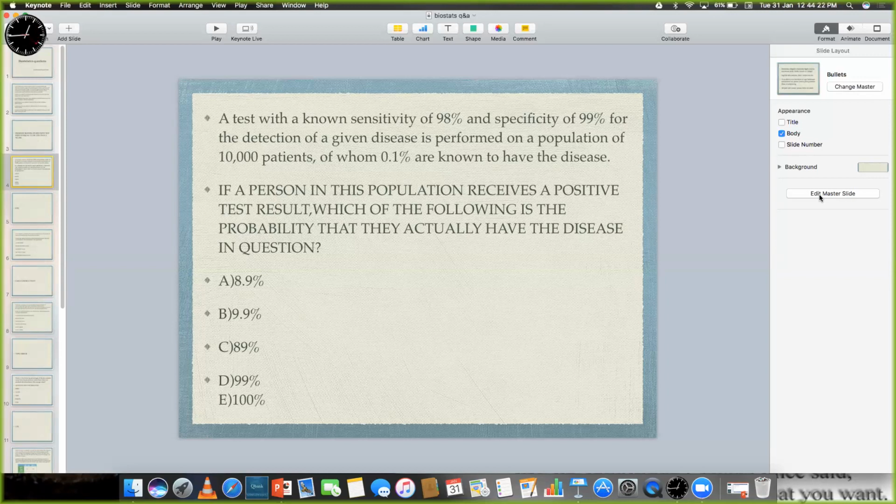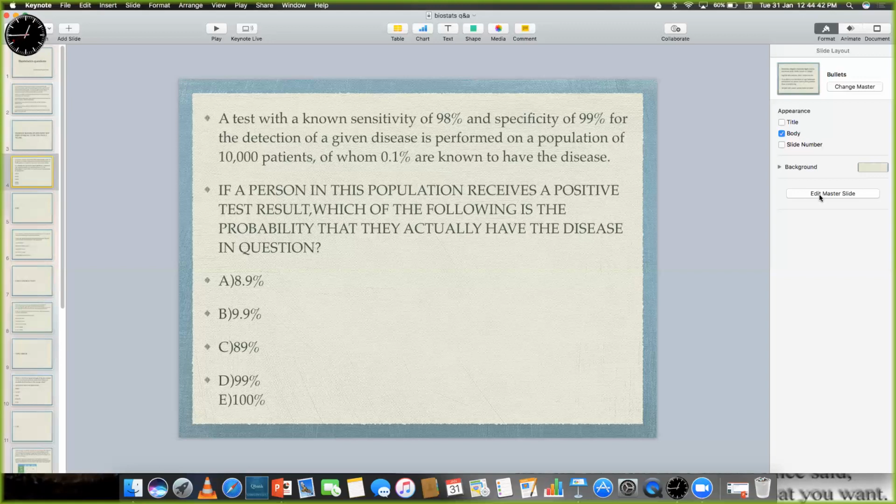Okay. So he's also given the specificity is 99%. That is B by B plus D is 99%. B plus D is 9,990. So what's going to be B?